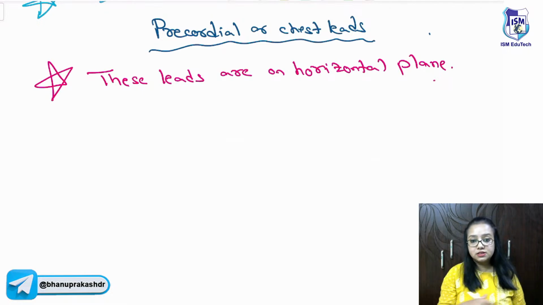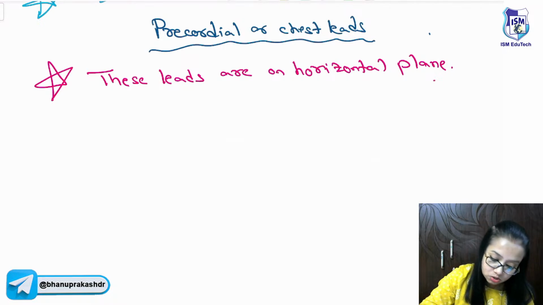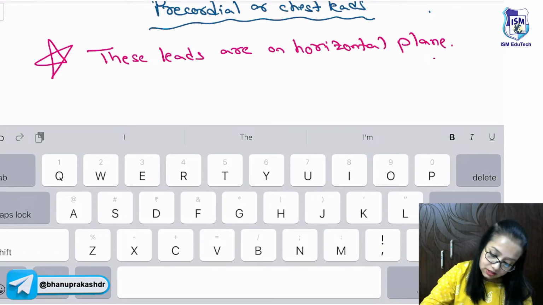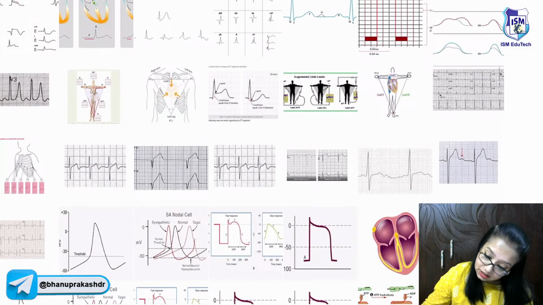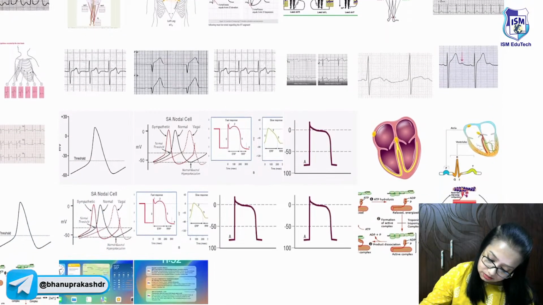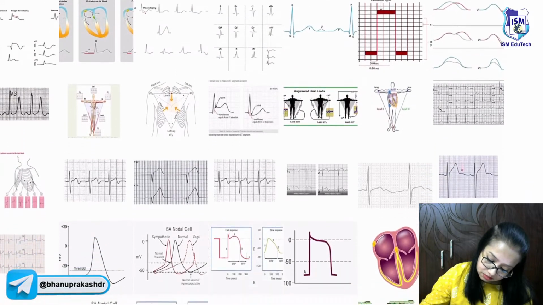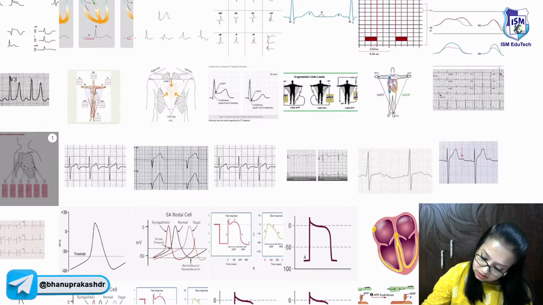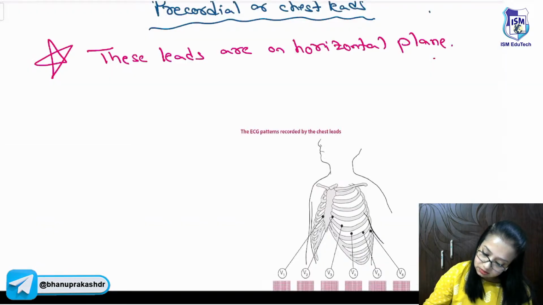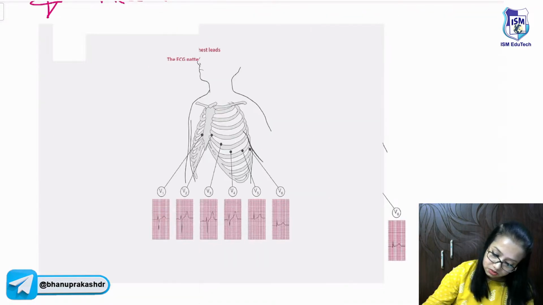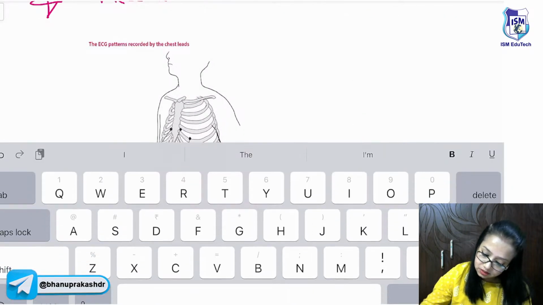Okay, this chest lead, these are on the horizontal plane. So how are they oriented? They are oriented like, okay.